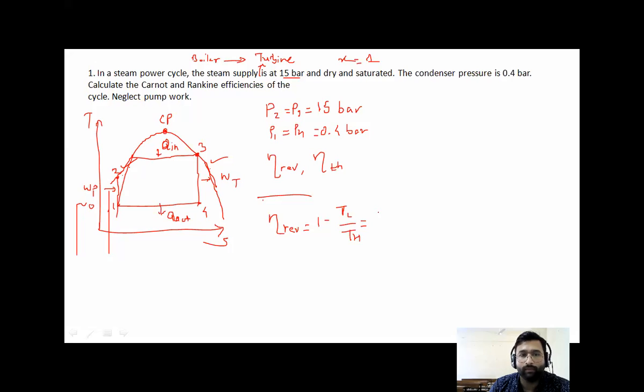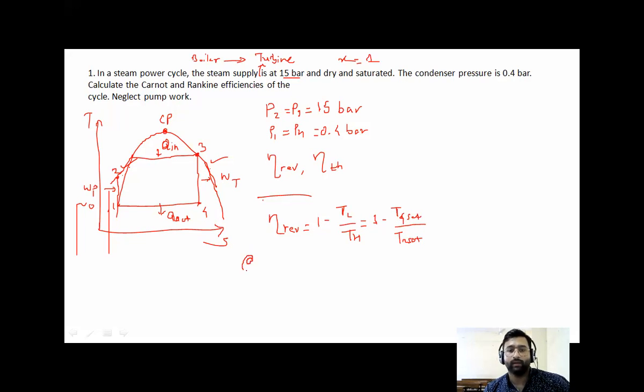So in this case, you can write it as 1 minus T4 saturated divided by T2 saturated, where T2 saturated is the higher temperature and T4 saturated is the lower temperature.